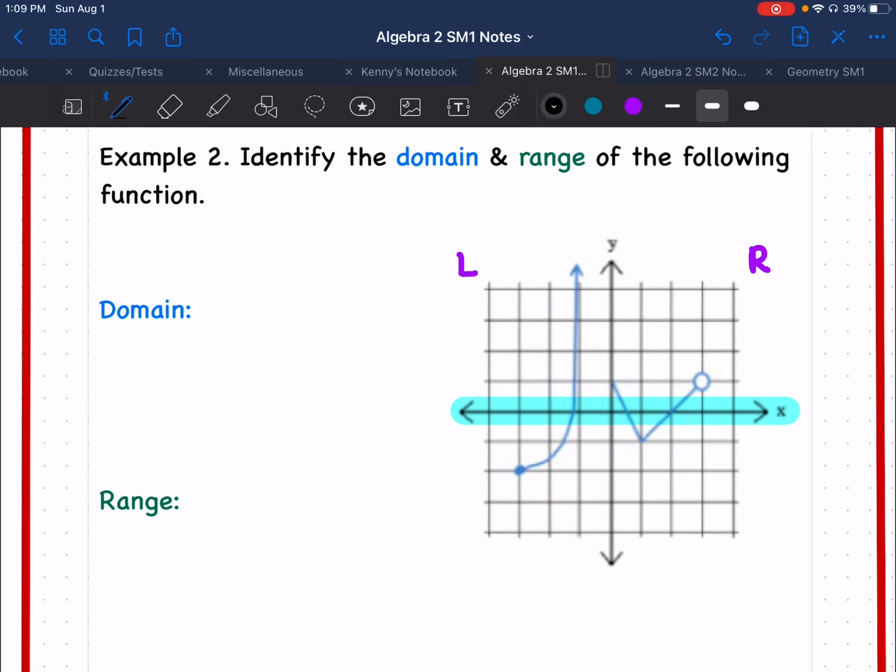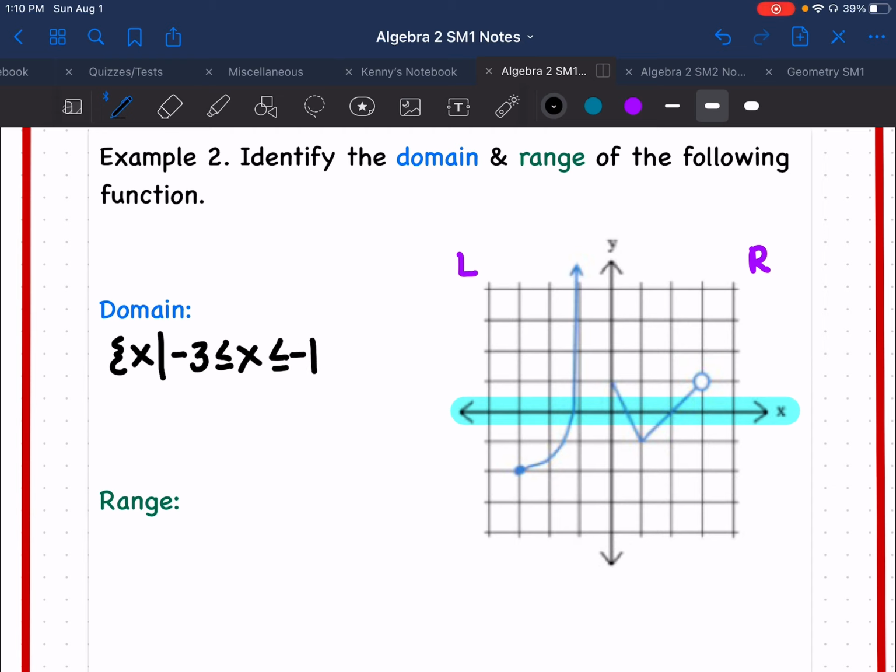So I'm going to say all my values of x such that, for the first one, negative 3 is less than or equal to x, because that is a closed point right there at negative 3, all the way to negative 1.